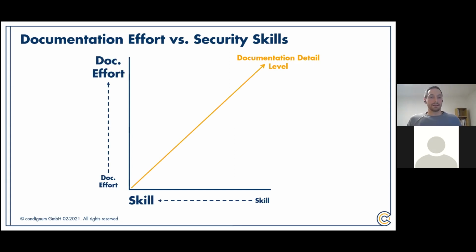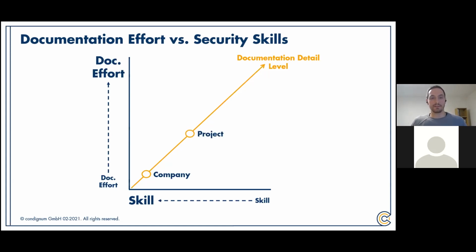So if the skill level of my people is very high, then it's maybe enough to just have a list of generic security requirements and publish them within a company-wide policy or something like that. Everybody commits to stick to those requirements, and everybody will do fine.